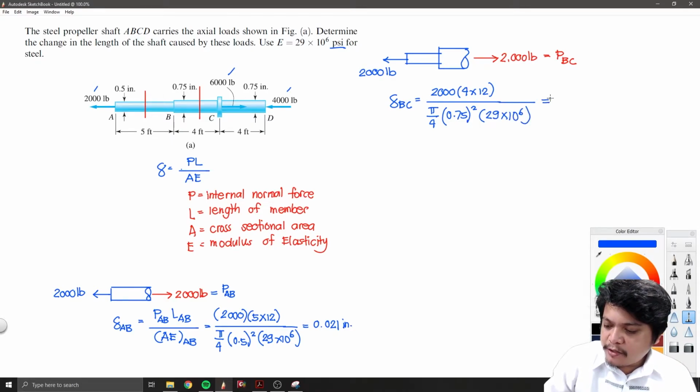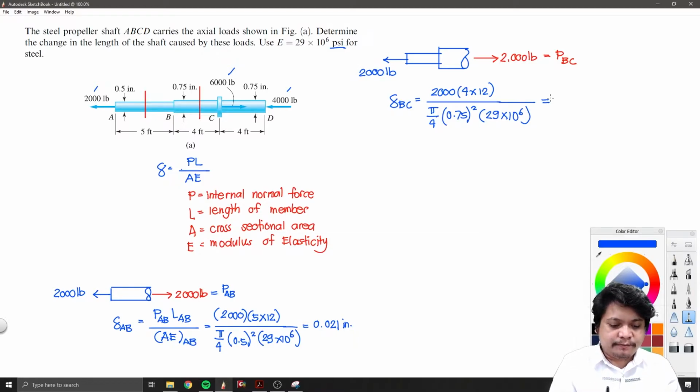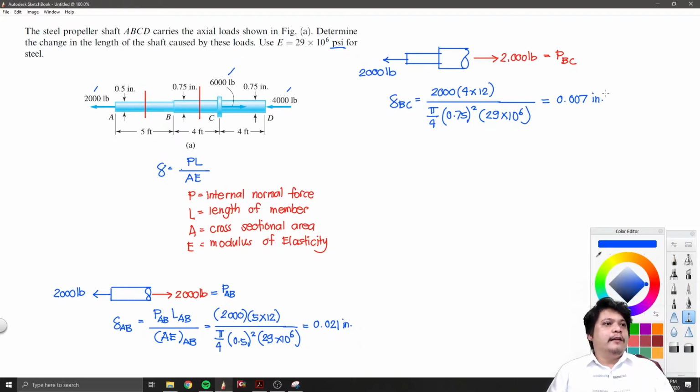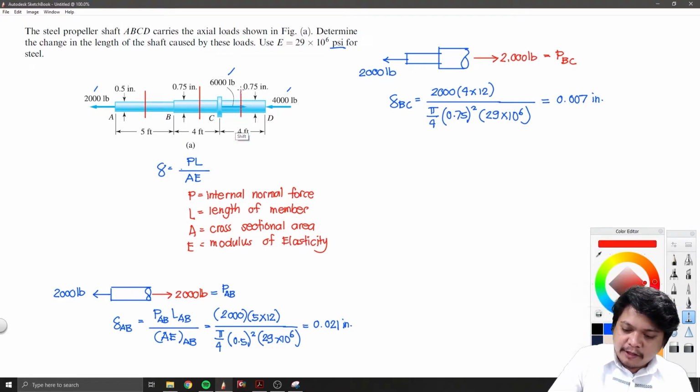So, we will be having here 2,000 times 4 times 12 all over pi over 4 times 0.75 squared times 29 times 10 to the 6. Okay, so you will be having here 0.007 inches.